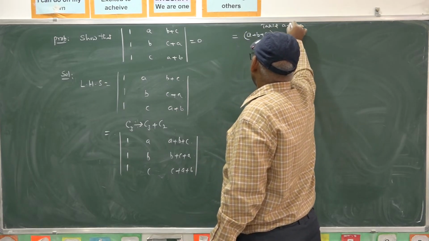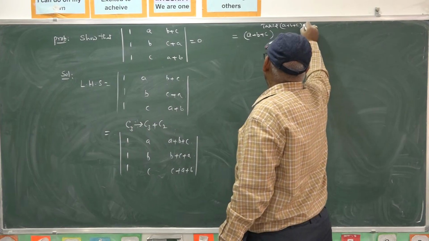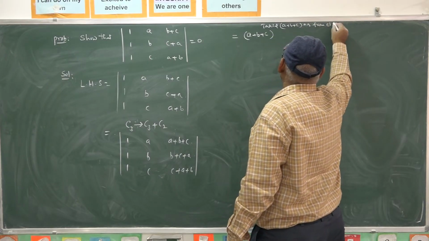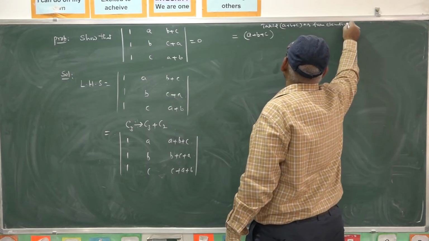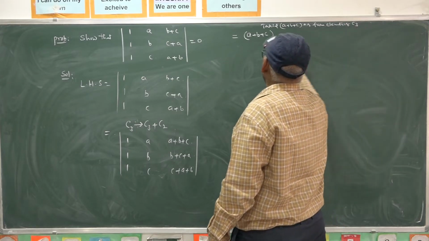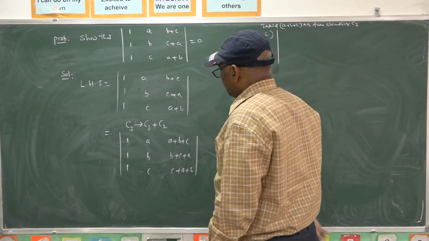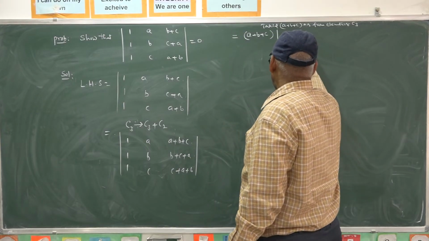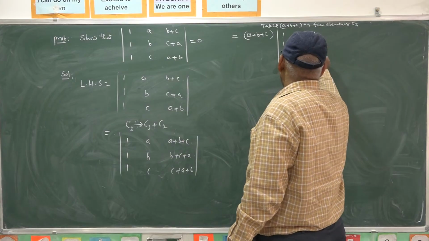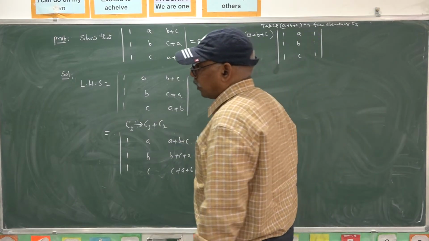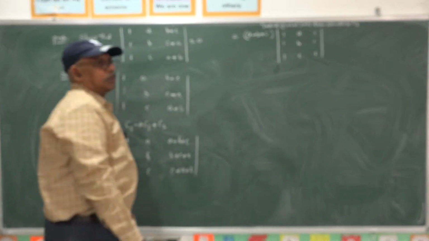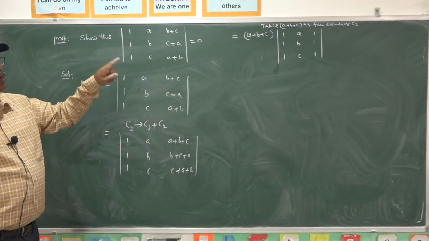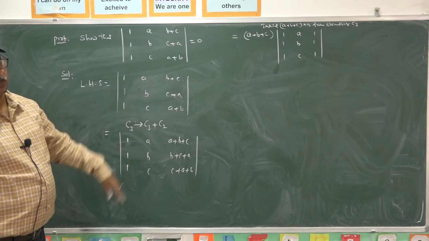Taking A plus B plus C as common from the elements of C3, we get A plus B plus C into the determinant 1 A 1, 1 B 1, 1 C 1.